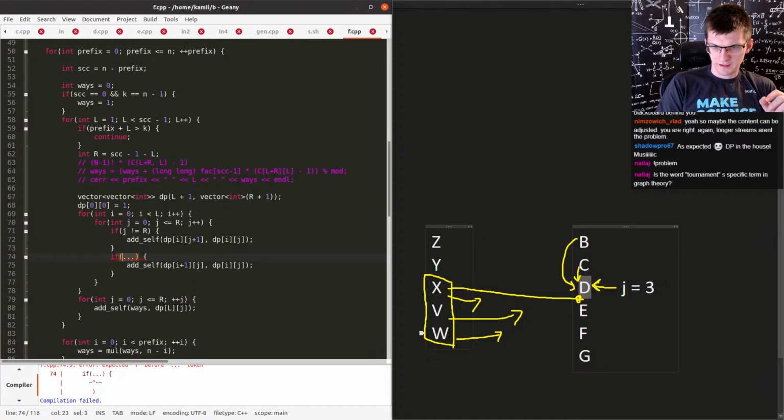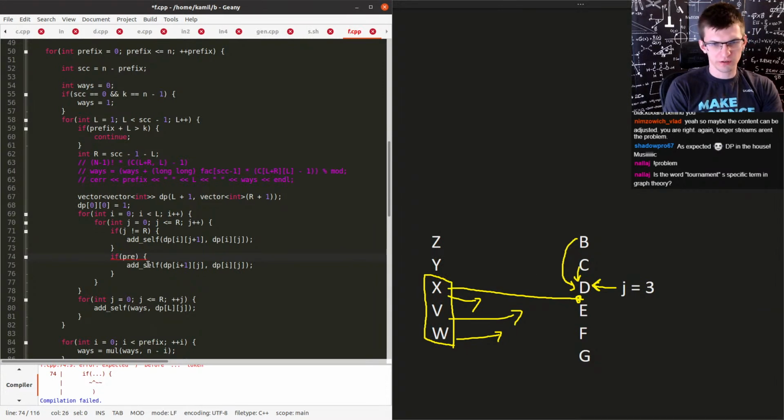Well, L minus I says how many things we have here. What's the input degree of the prefix plus L minus I? L is 5, I is 2, and this is 3, okay? Plus 1, because there is this middle vertex A somewhere here. Plus B and C, this is J minus 1. If this doesn't exceed K, then we add.